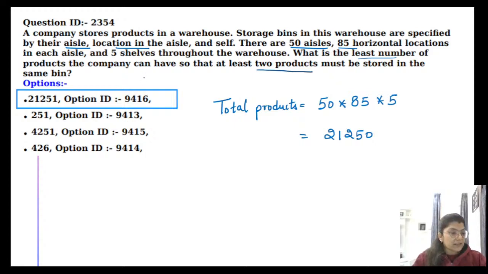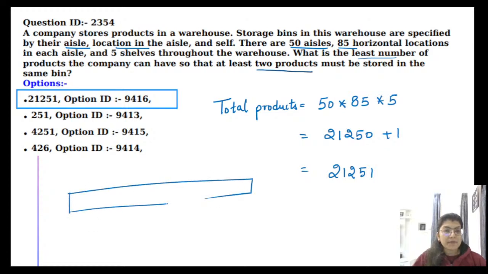Right now I have space for 21250 products. If I add 1 to this, I get 21251. Suppose I have 21250 products, which is my space, and if I have one extra product, I have to store two products in the same bin.